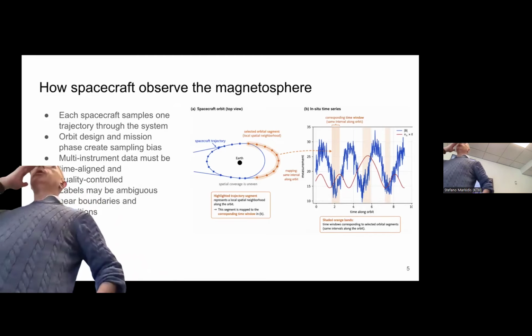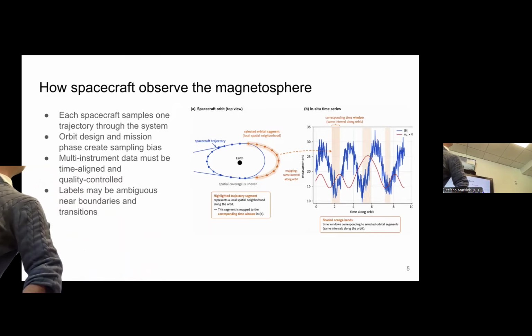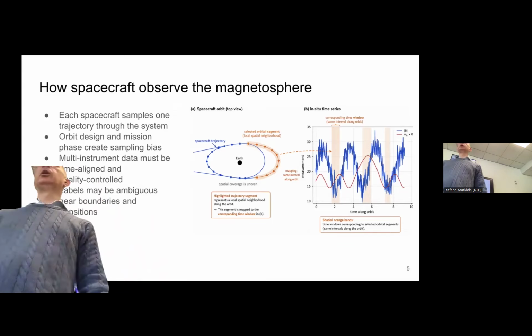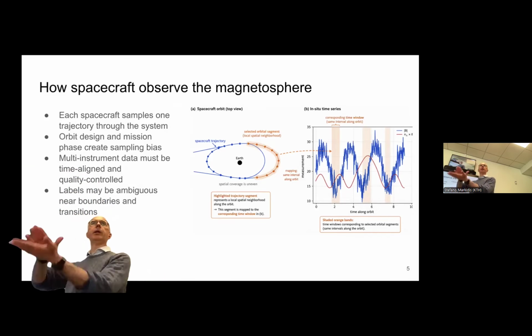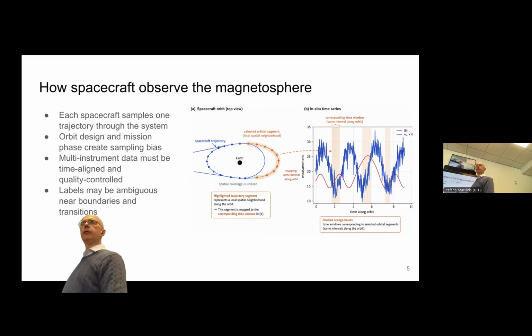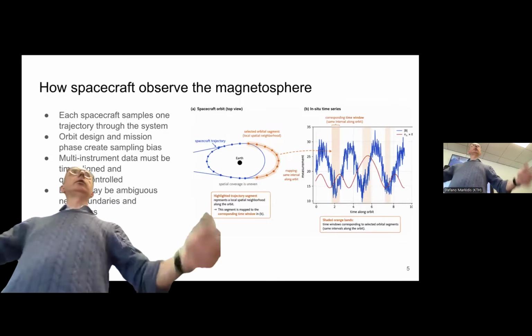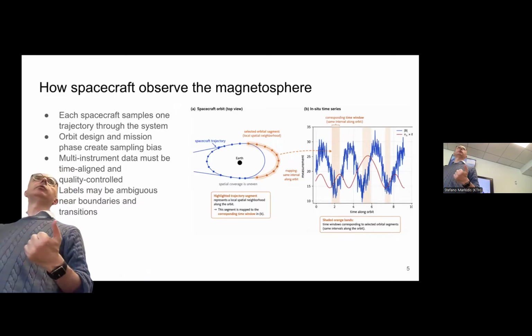For instance, if you have heard about the NASA MMS mission, which is a magnetic reconnection mission, it has been designed to spend most of the time here on the equatorial plane, so most of the data will be here. It has also been designed to turn on in different phases, phase 1, 2.